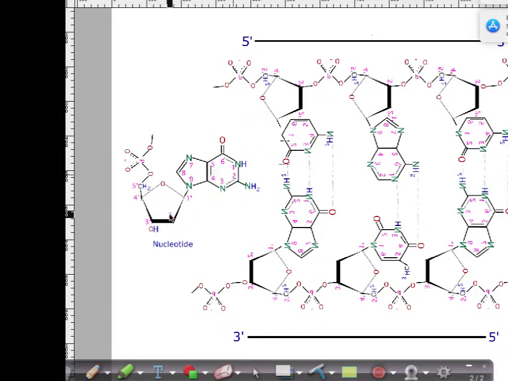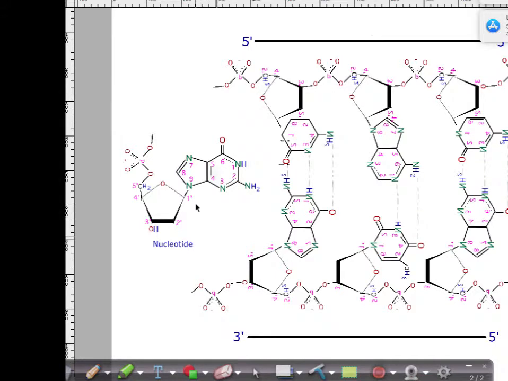And note that that's the 2' carbon there. So a nucleotide is the ribose sugar, the 5' phosphate, and the nitrogenous base at the 1' carbon.